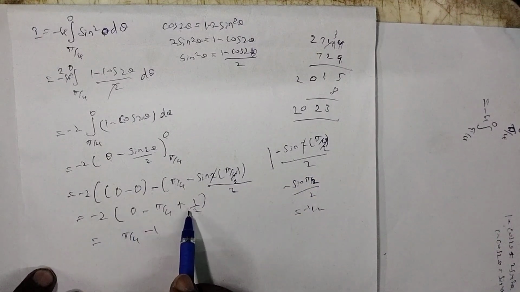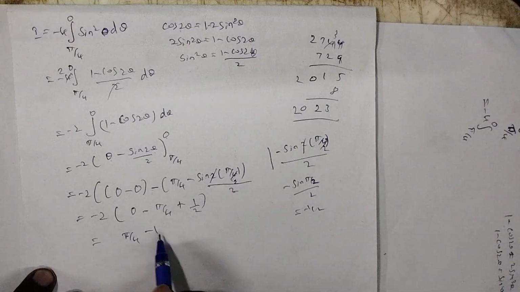Then multiplying minus 2 with both terms, the 2s cancel, and finally we have pi by 4 and minus 1.